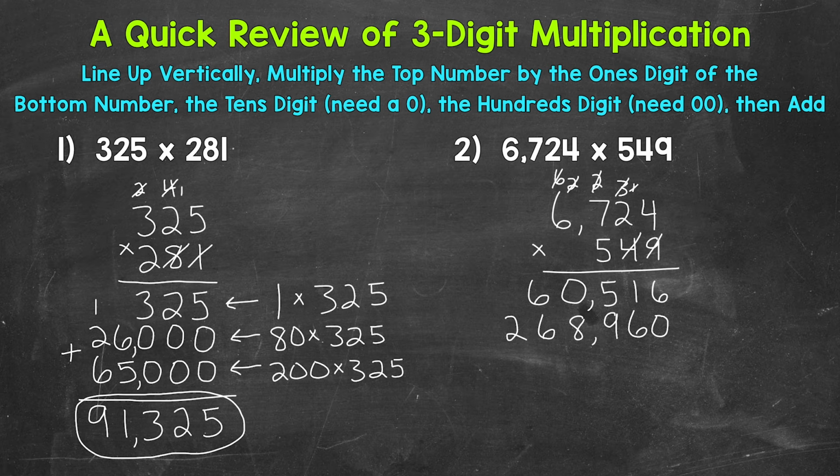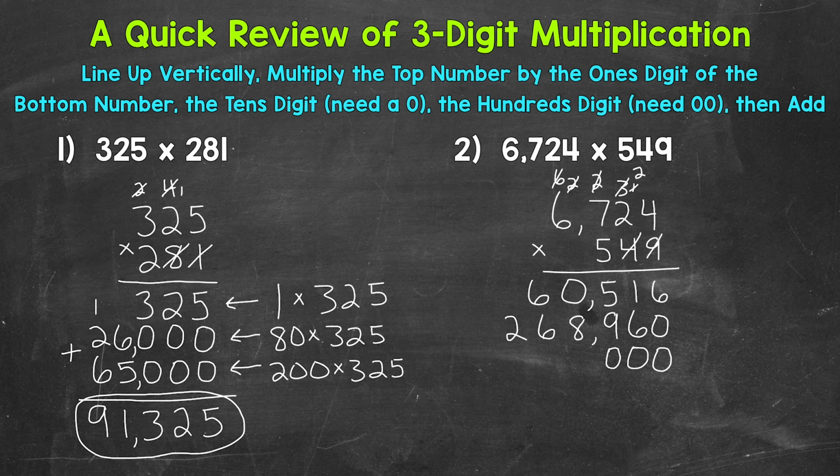Lastly, we're moving over to the hundreds place where we have a 5. Now that 5 has a value of 500. So we need our 2 zeros there, again, because we're moving over to the hundreds place. And now we can multiply. Start with 5 times 4, which is 20. So we have another 0. Carry the 2.